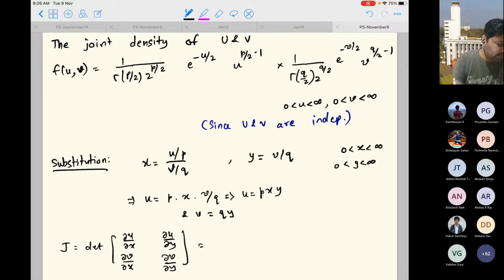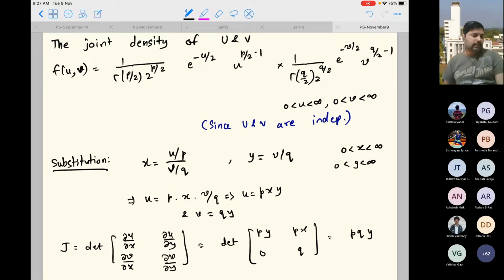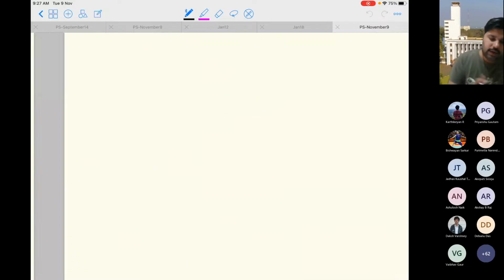If you see the calculation, what will this be? py, px, 0, q, which is equal to pqy. Is that right? That is the Jacobian, pqy. Is that okay? Yes, sir. Okay.